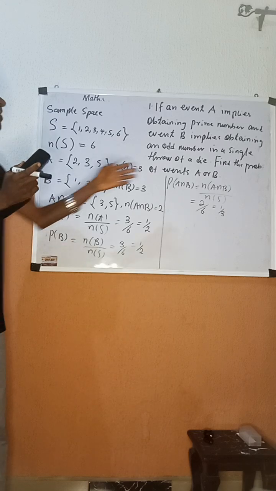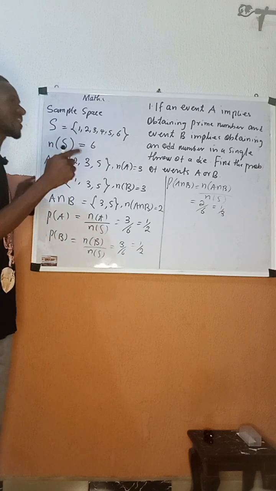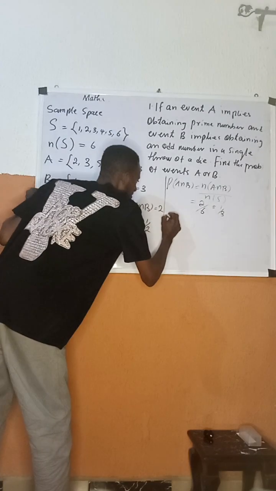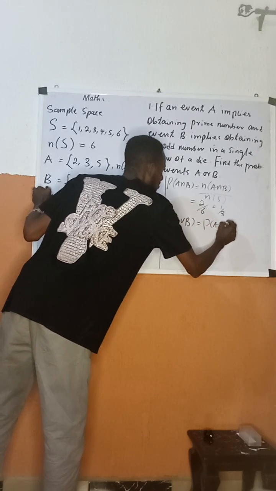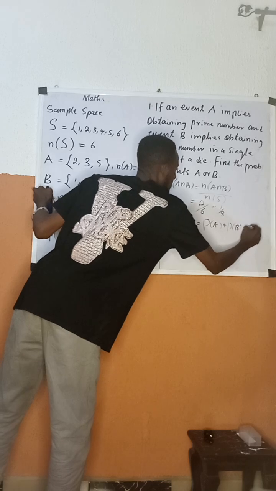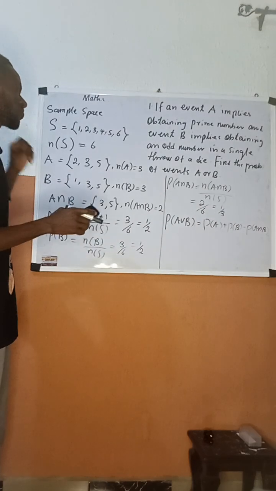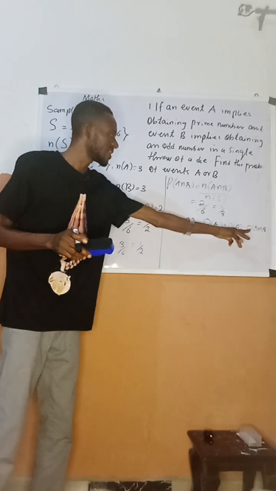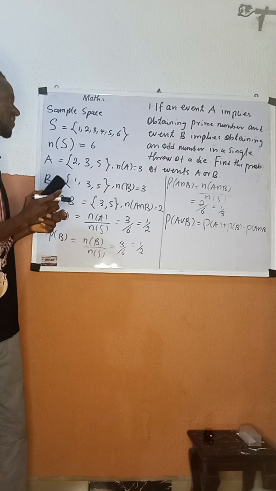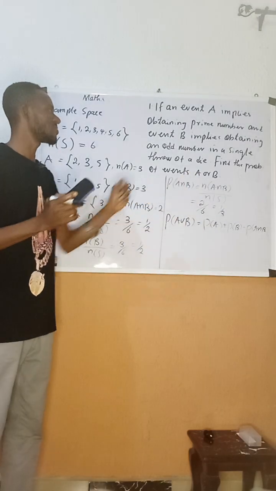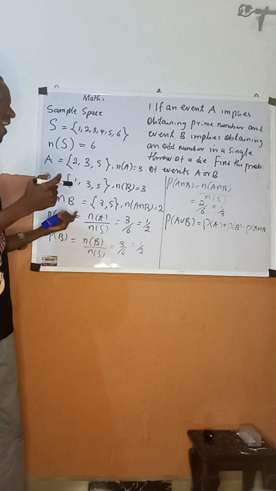In set language, A or B is written as A union B. In a non-mutually exclusive event, the probability of A union B equals probability of A plus probability of B minus probability of A intersection B. That is how we write it, because A intersection B isn't a null set in a non-mutually exclusive event. So with this, we'll find our answer faster.